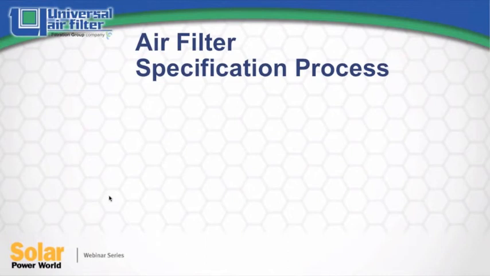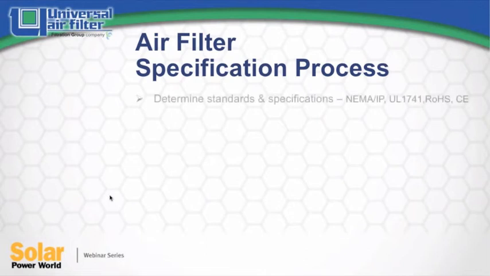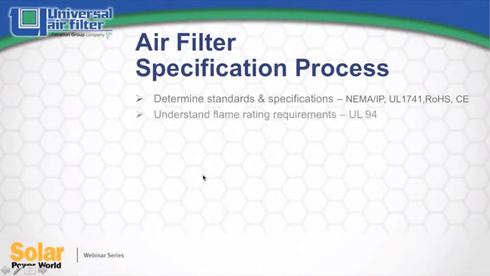Summing up the specification process, here's your step-by-step air filter design checklist. Start with determining the standards and specification you are required to meet for your application. Understand flame safety and flame rating requirements.